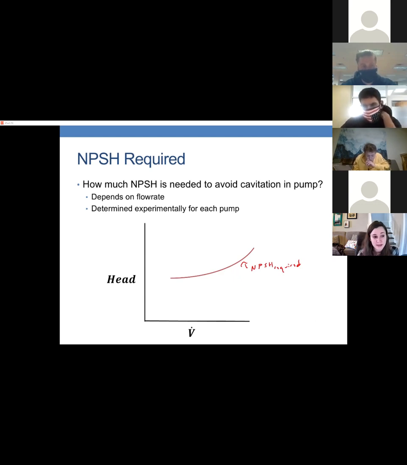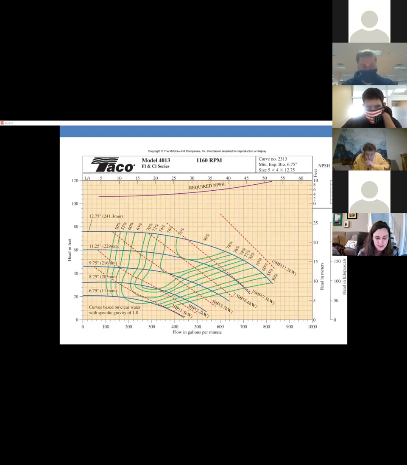And just like those pump curves from last time, this is something that we get from the manufacturer. So again, here is the nice, neat version of a pump chart given to you by your book. And you'll notice that it just, on a different axis, put the required NPSH there too. So it just puts both of the things on the same chart for convenience, but it's a different axis.